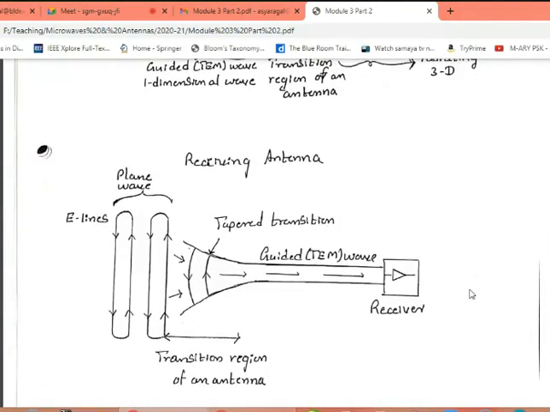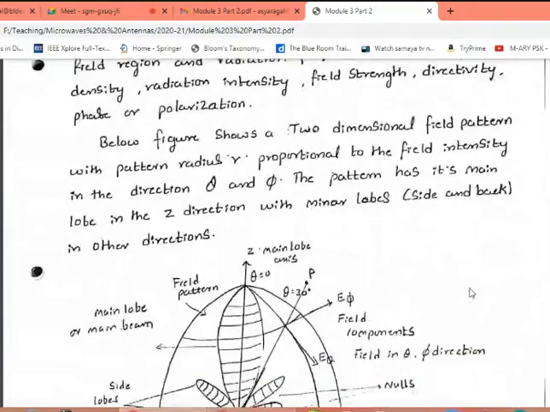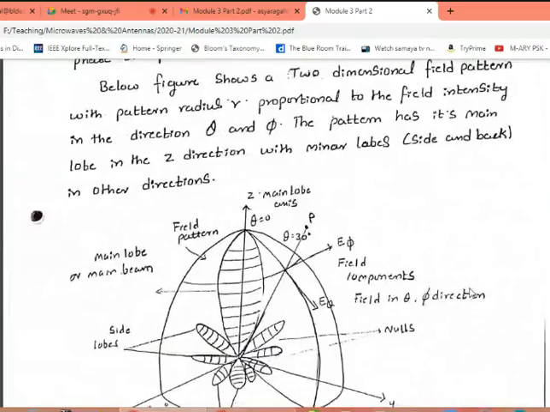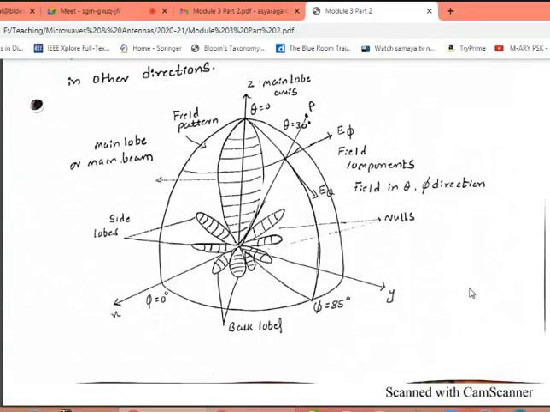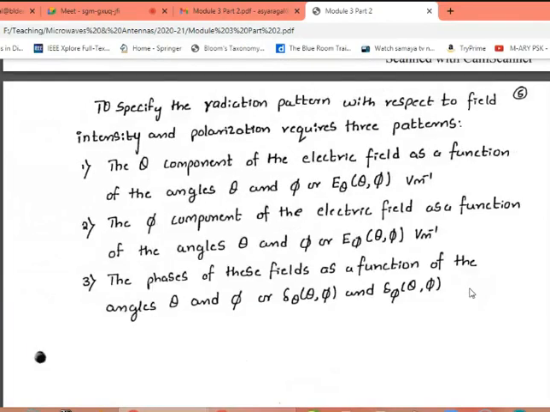Thereafter, we tried to understand the pattern: main beam, minor beam, and the field pattern in terms of back lobes and side lobes, and also nulls, where no radiation is generated.